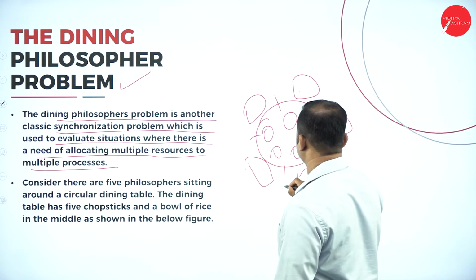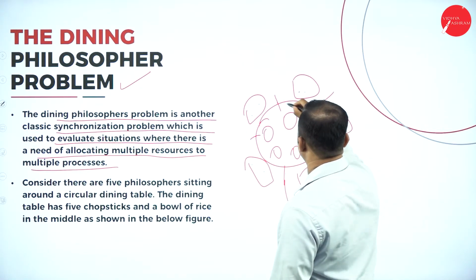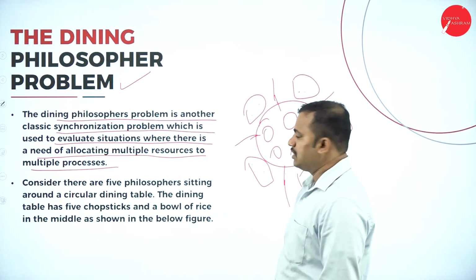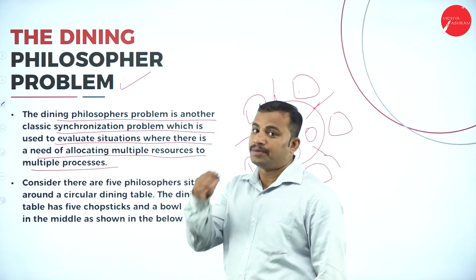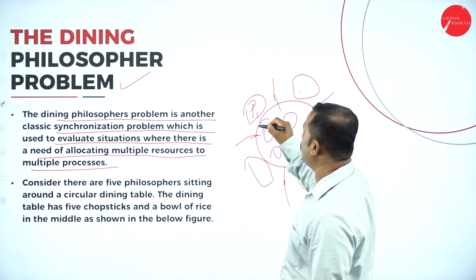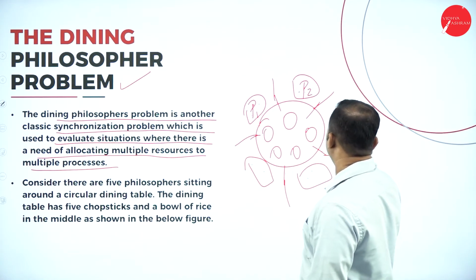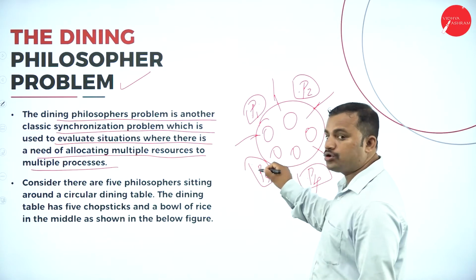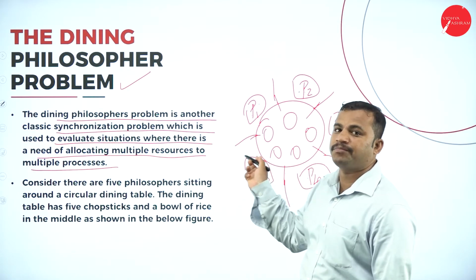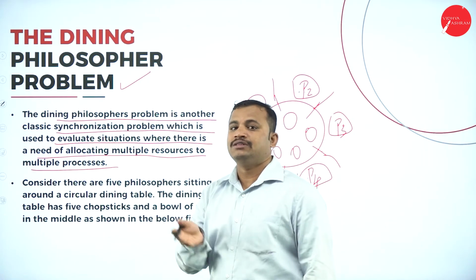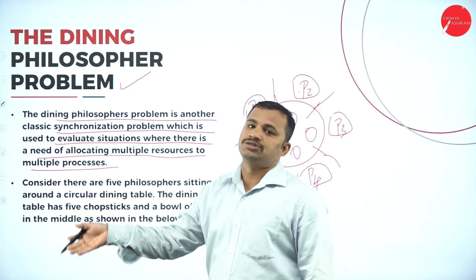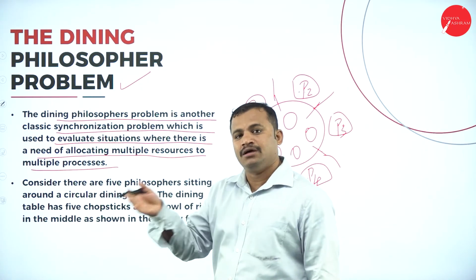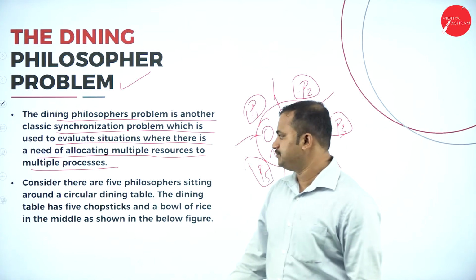If I have multiple resources and multiple processes, these may be called processes P1, P2, P3, P4, P5. I may also call these processes P1 to P5 philosophers. The philosophers need the resources. That means processes need resources. That's the meaning of it.